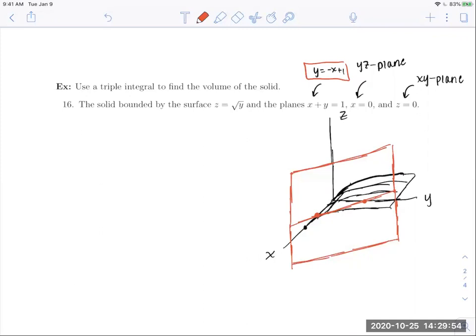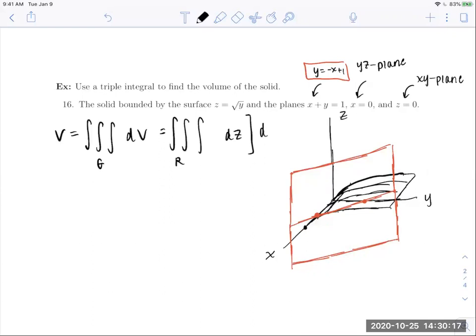And what we'd like to do now is compute the volume. So remember, the volume is just the triple integral over your solid dV. And so we're going to use our theorem that says we can just compute the double integral of the inner integral, which we have 1 on the inside, where that inner integral has limits of integration with your upper surface and your lower surface.